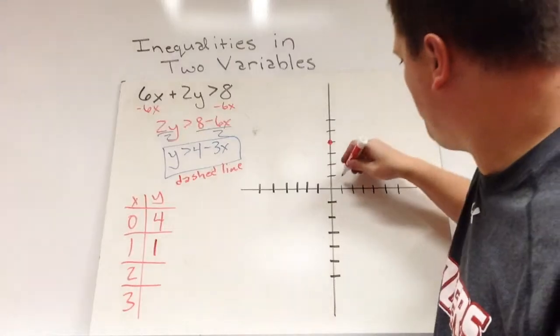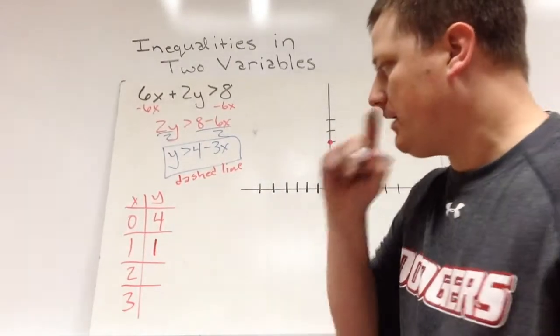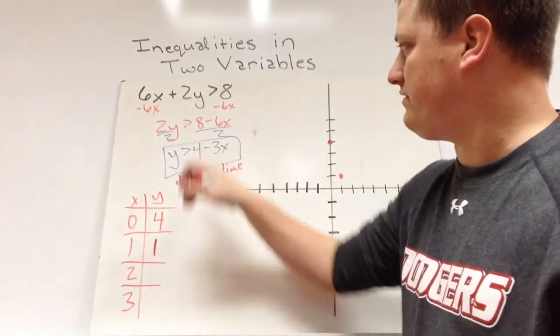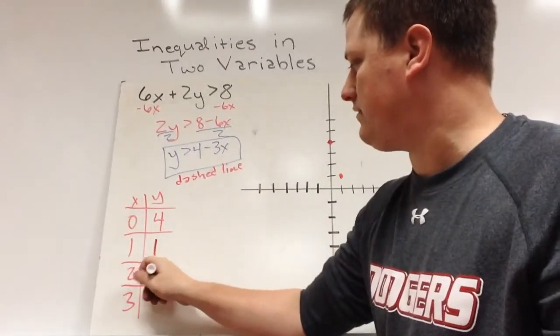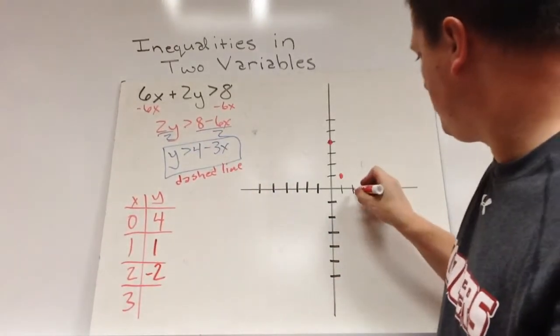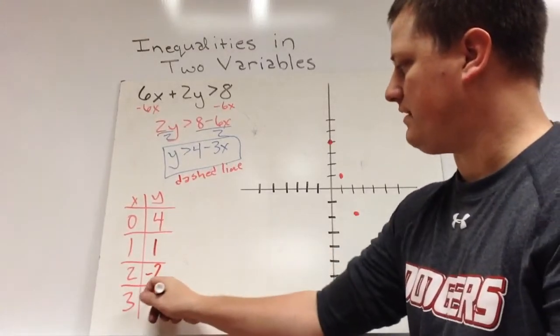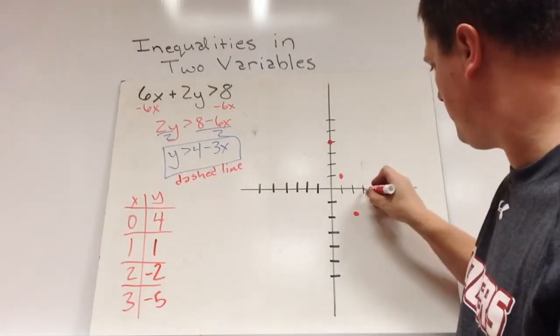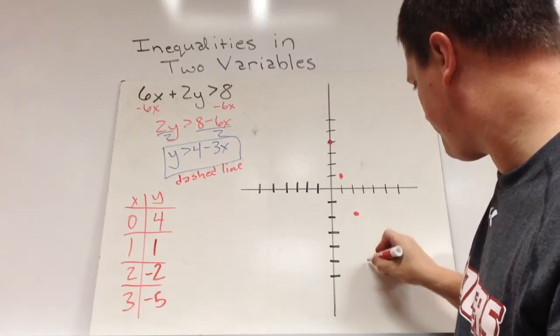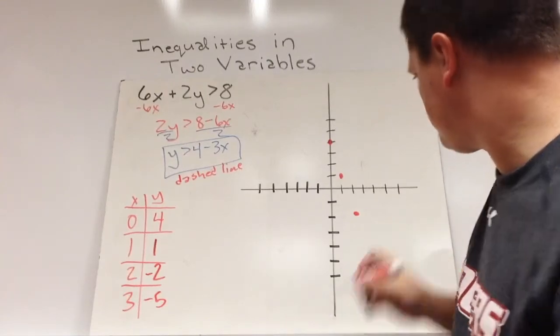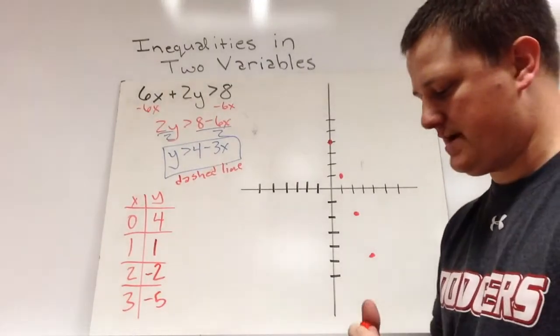Okay, so we've got 1, 1. We're going to put 2 in. 3 times 2 is 6. 4 minus 6 is negative 2. 2, negative 2. Oh, we're going down 3 each time. That looks like negative 5. So it looks like that for a line.